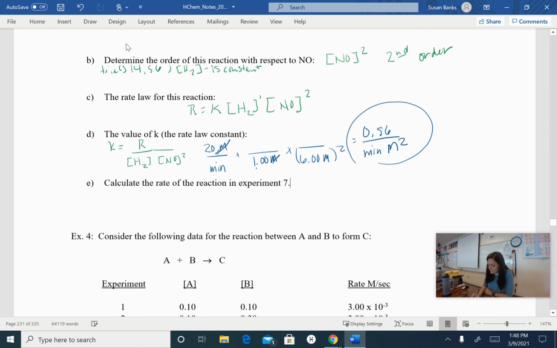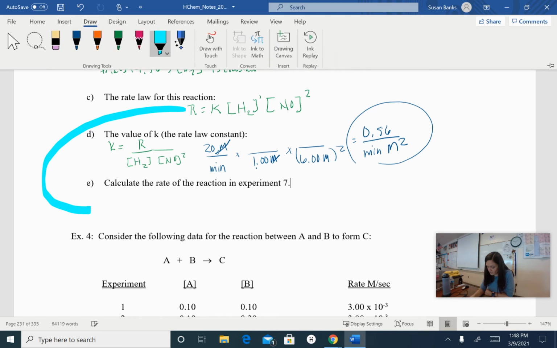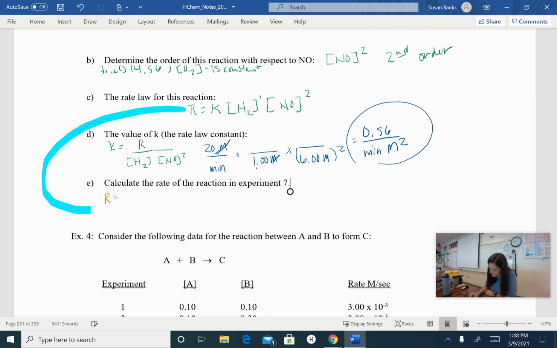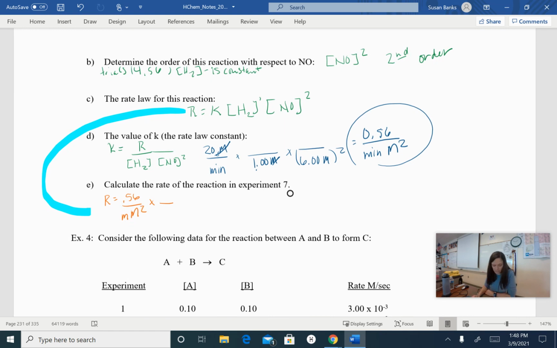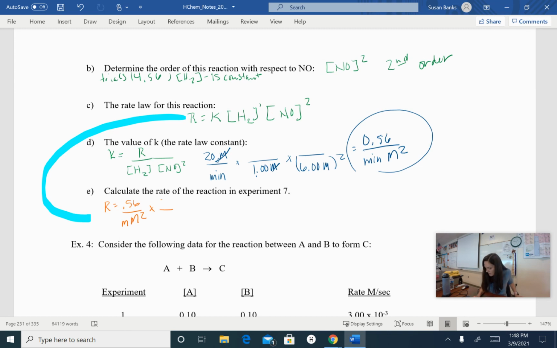So I'm going to use the equation that we did before, and I'm just going to plug things in. I want to find my rate. So my rate is equal to my constant, 0.56 per minute molar squared, times my hydrogen concentration, 3.78 molar, multiplied by my nitrogen monoxide concentration, which is 2.45 molar squared.